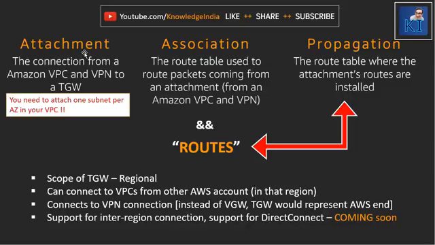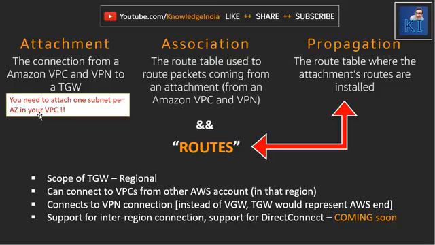There is one more important thing, that you need to attach one subnet per availability zone in your VPC. I will explain it to you in more detail when we go to the demo, but it is important to understand that if within your VPC you are using multiple availability zones, normally what we do is we'll have 2 availability zones, right?